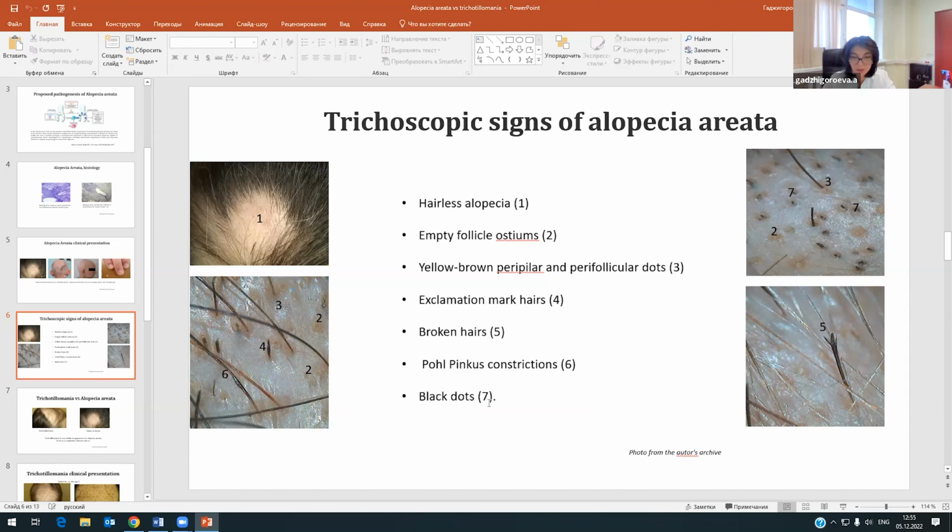Constricted areas are notably weaker, and hair breakage often occurs in these areas. The areas within the Pohl-Pinkus constriction might also be lighter in color because of reduced melanin transfer into hair follicles as well.